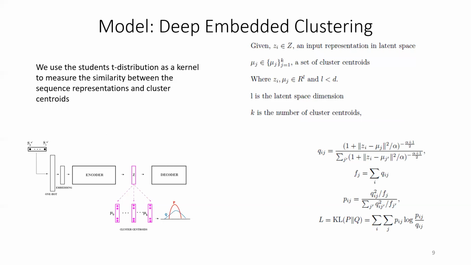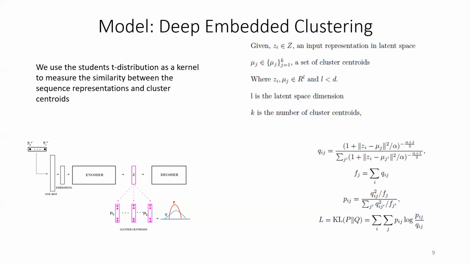As we just mentioned, we use the student's t-distribution as a kernel to measure the similarity between the input representation and each of the k centroids. Now we denote this distribution as Q. Now the resultant formulation of a point in this distribution Qij is the normalized similarities between the input sequence and each of the respective cluster centroids.